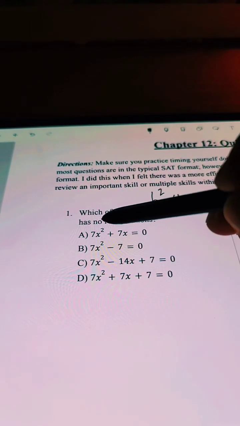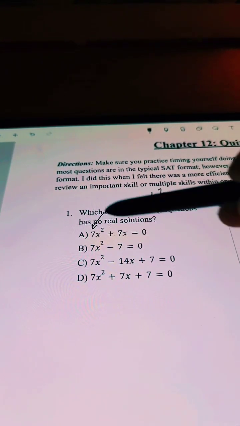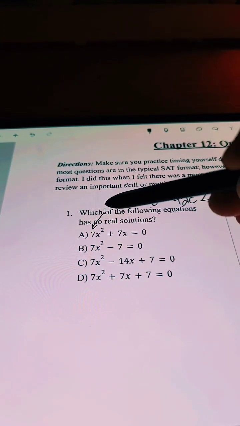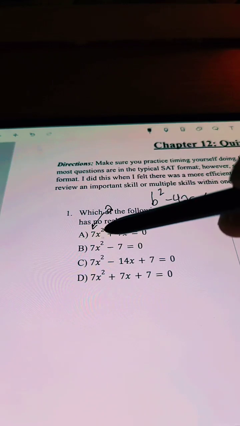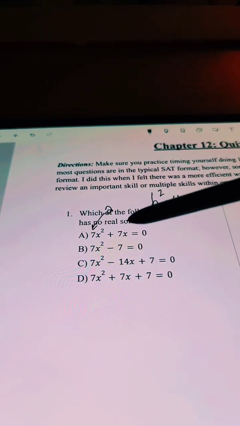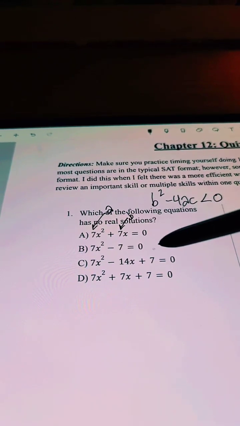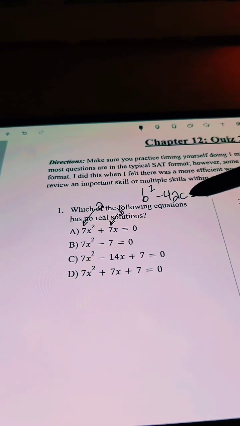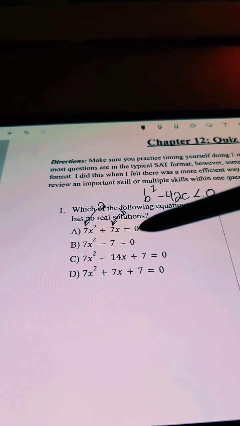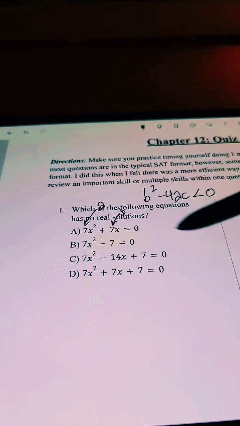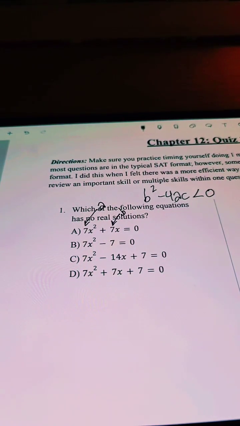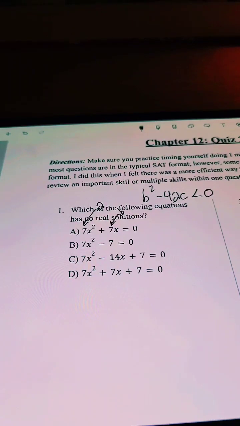So let's determine for answer choice A what A, B, and C are. A is going to be the value 7 that's being multiplied by x squared. B is going to be 7, the value times x. And C is the number that's being added or subtracted onto that, which in this case is technically a plus 0.